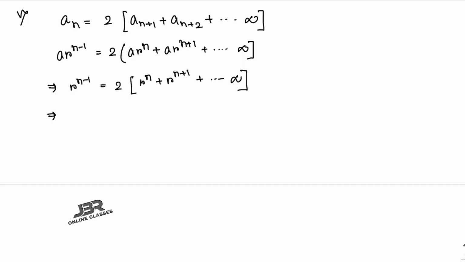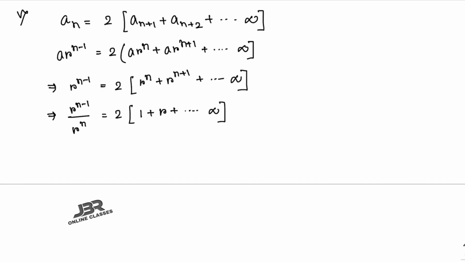Then r^n is common, so write r^(n-1) by r^n, that equals 2 into (1 + r + r^2 + ... up to infinity).